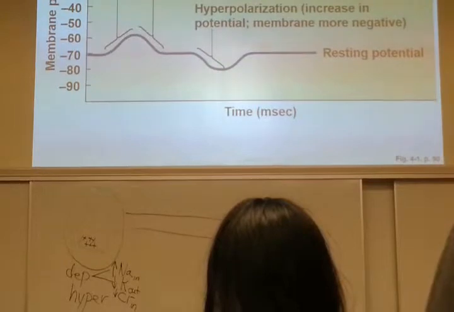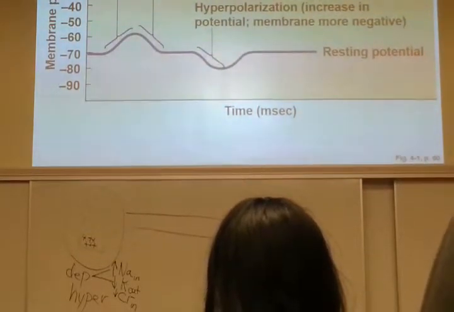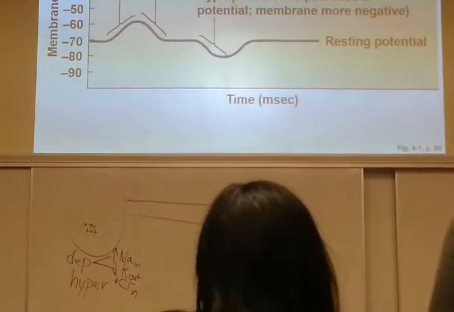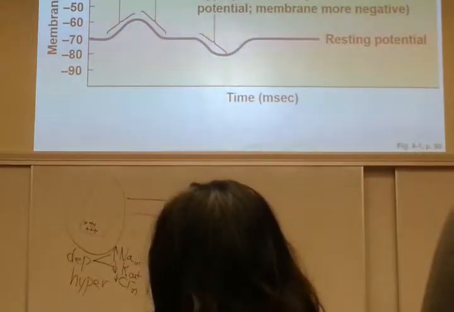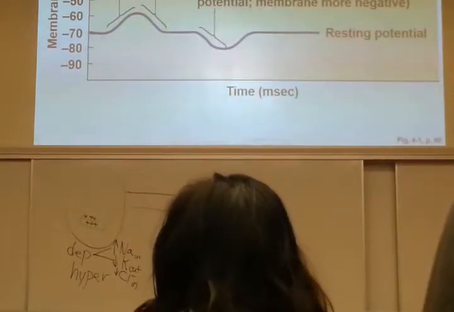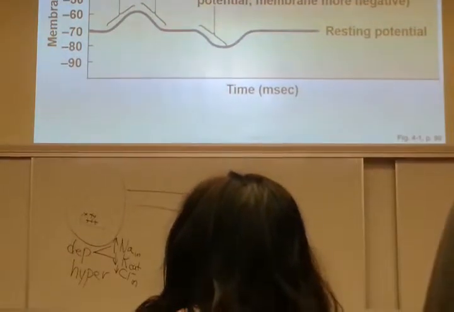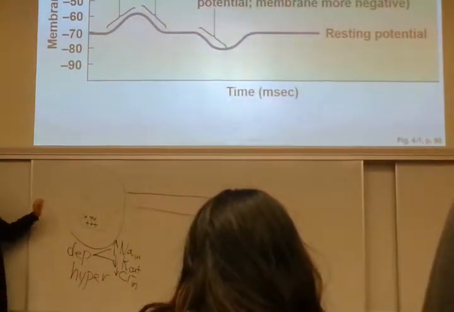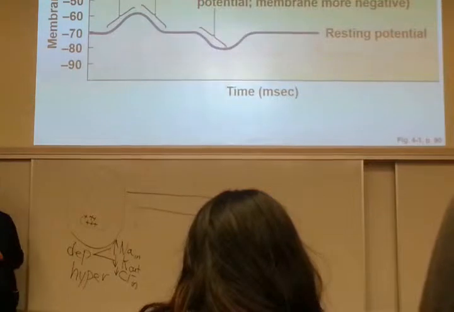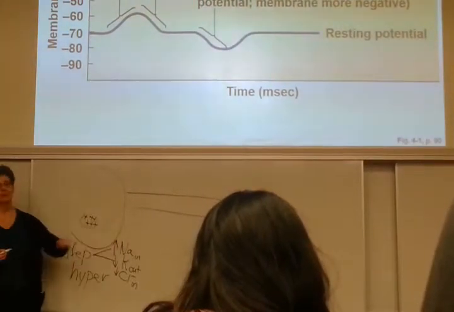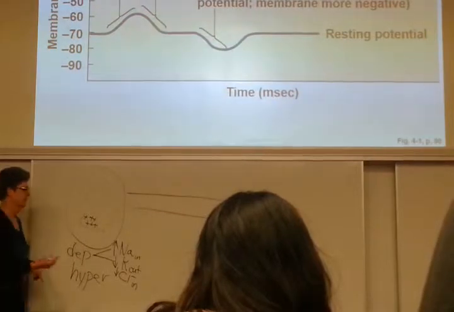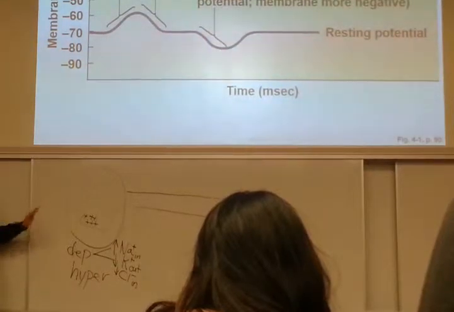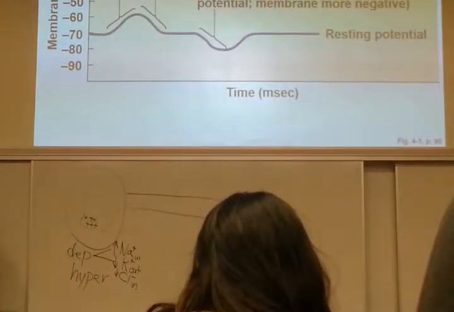So depolarizing graded potentials can be occurring due to a decrease in the permeability of a negative anion, like chloride, a decrease in the permeability of a positive ion that's more concentrated inside than outside, so closing potassium channels, or increasing the permeability of a positive ion.